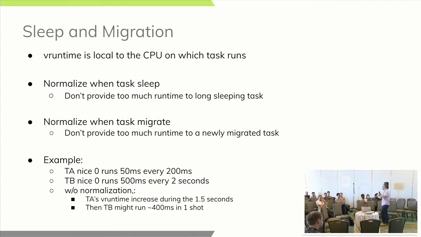And during this time, the task A will continue to run, so it will increase its vruntime, which means that when the task B wakes up, the difference will be quite huge. But that doesn't mean that the task B should run all this difference, because it was sleeping, so it doesn't need this amount of time. So that's why we are normalizing, to make sure that we keep some fairness.